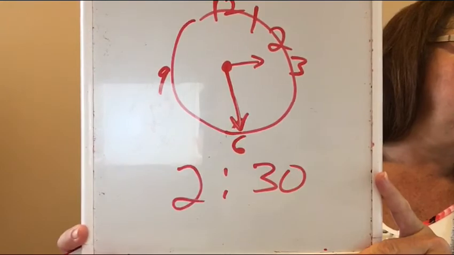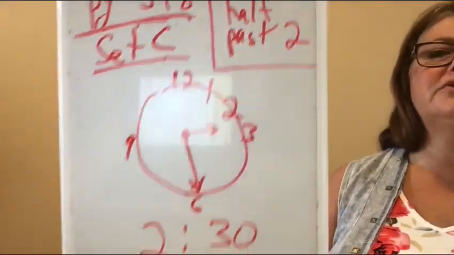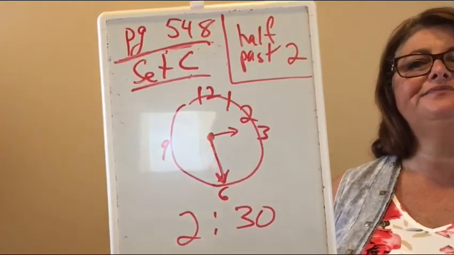Half past 2 or 2:30. So number 7 says half past 2 or 2:30.